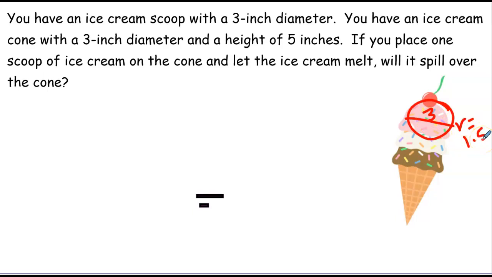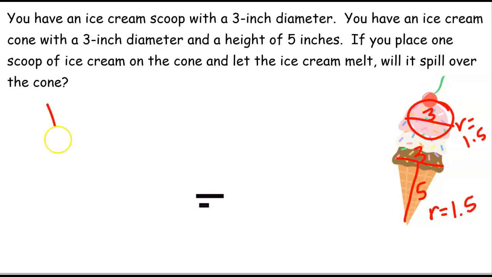And then it has the cone, and it says that the cone has a 3-inch diameter as well and a height of 5. Again, that means my radius is 1.5. If you place a scoop of ice cream on the cone and let the ice cream melt, will it spill over before you eat it?